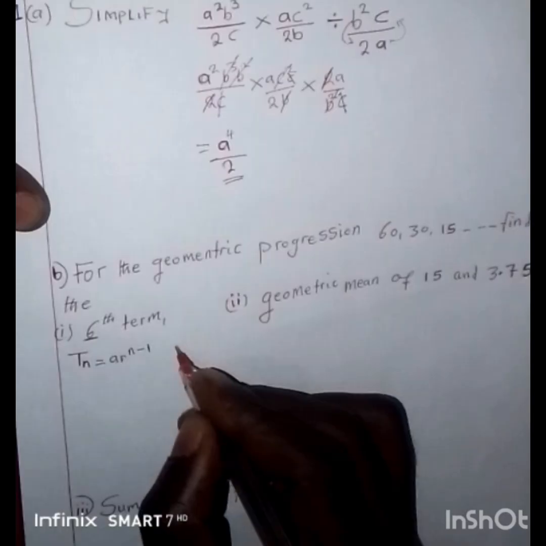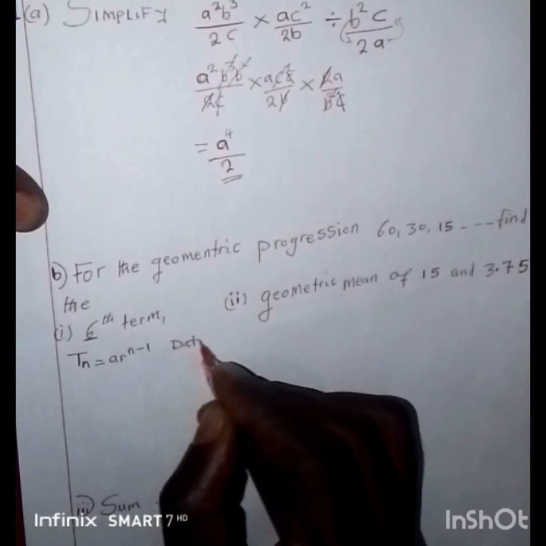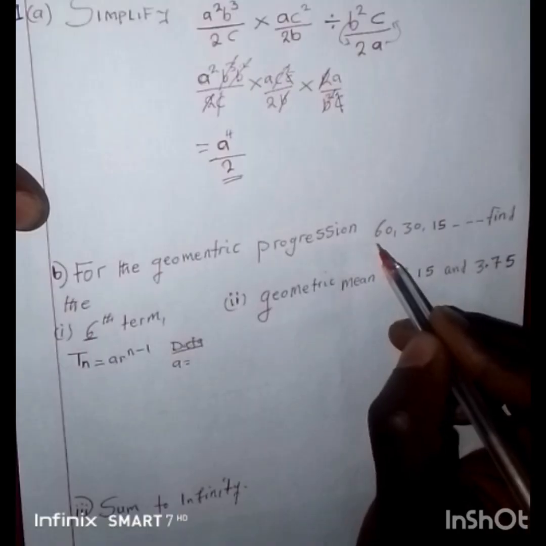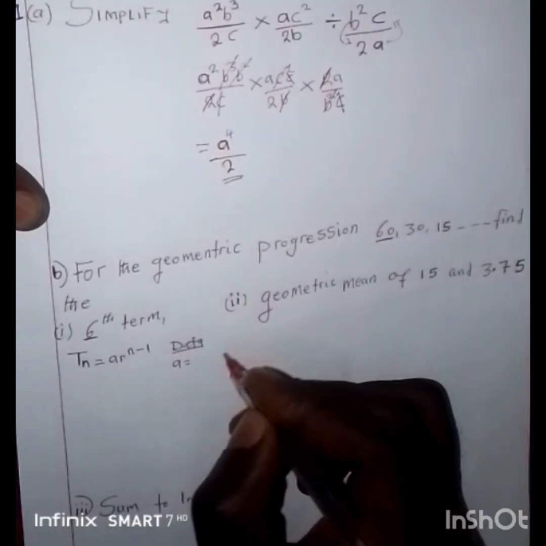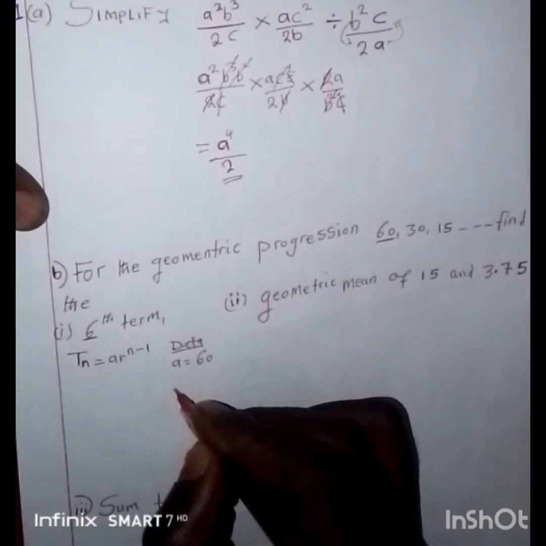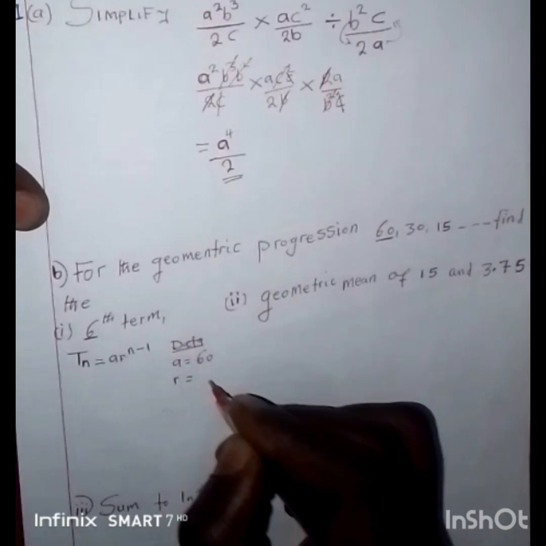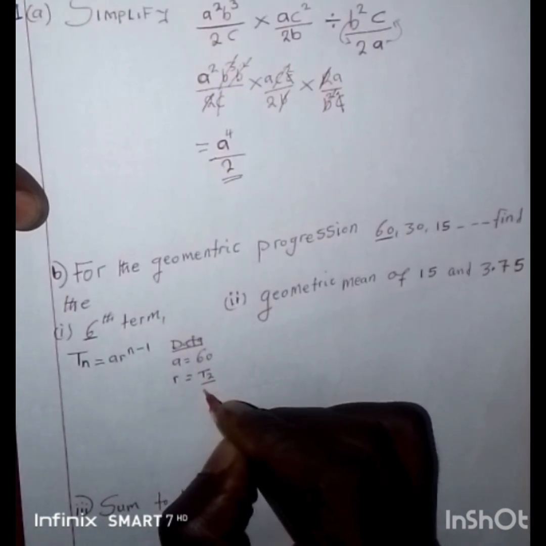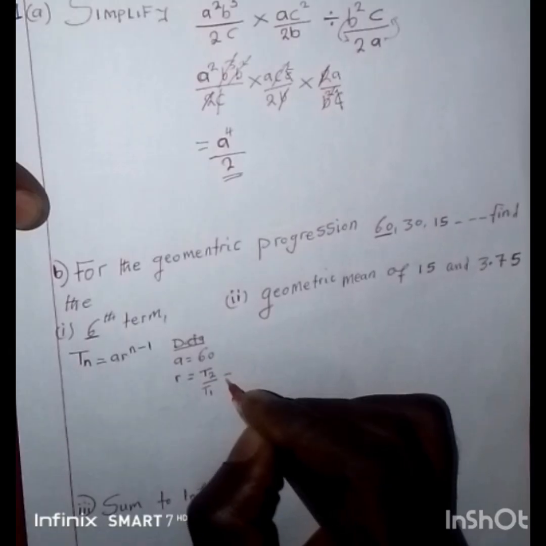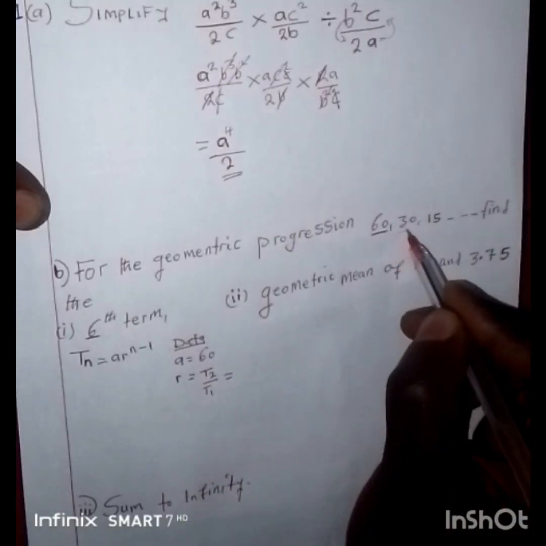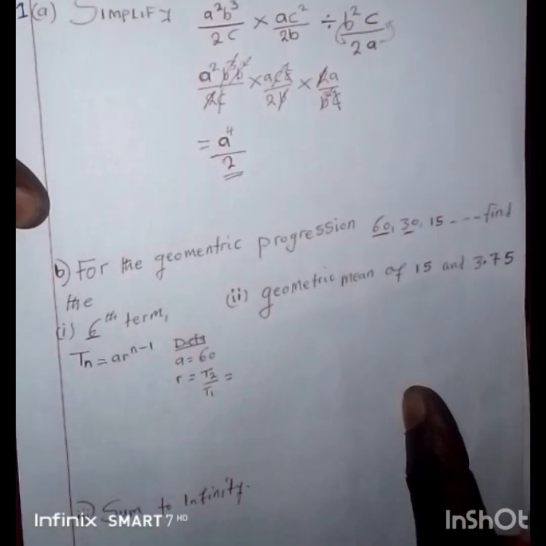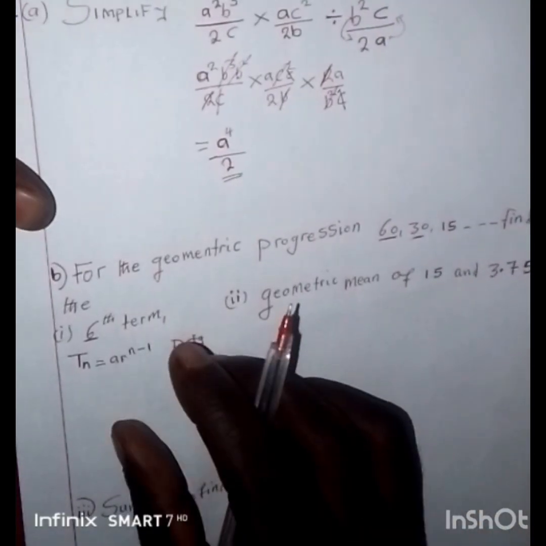So what we are going to do, if you want, you can write down the data here. Okay, what is our first term? Our first term, according to the GP that we are given, is 60. Then what is our common ratio? Common ratio is found by term 2 divided by term 1. Now what is our term 2? Term 2 is the second term. This is the language that we use under geometric progression or under series.